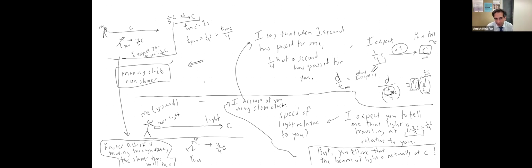Furthermore, the faster the clock is moving, the slower that time will tick, but you wouldn't know unless you confer with someone else. This means that the passage of time is not absolute. It's a relative concept. It depends on your state of motion. The faster you move, the slower time will tick for you, but you won't know unless you talk to somebody else.